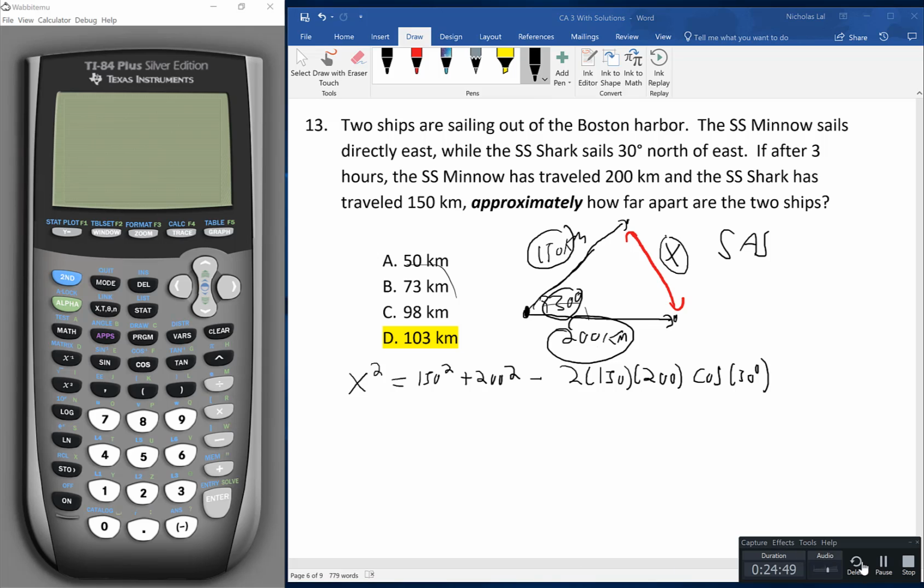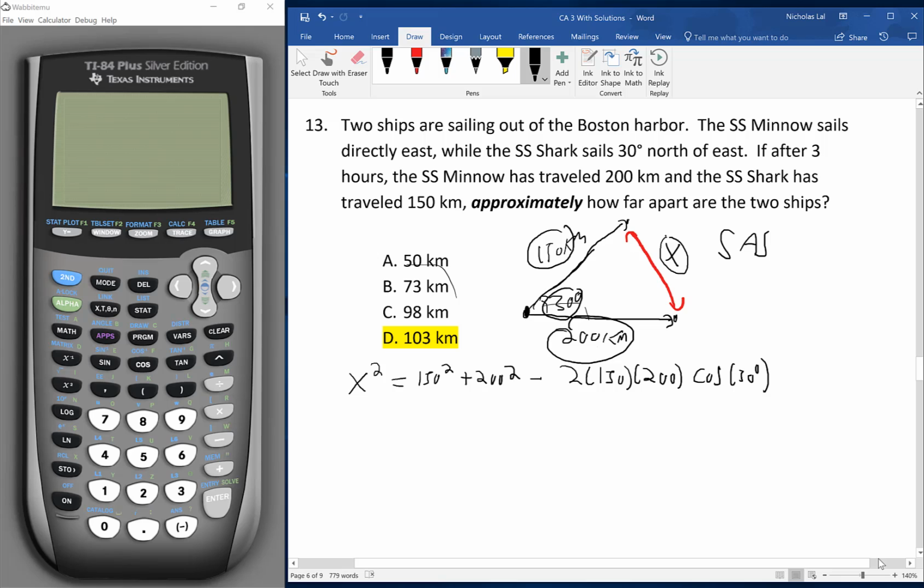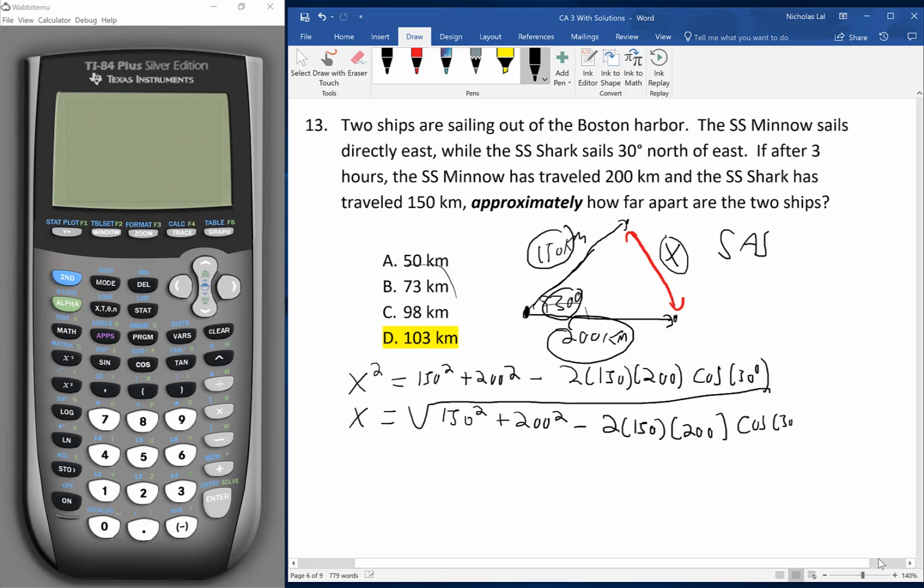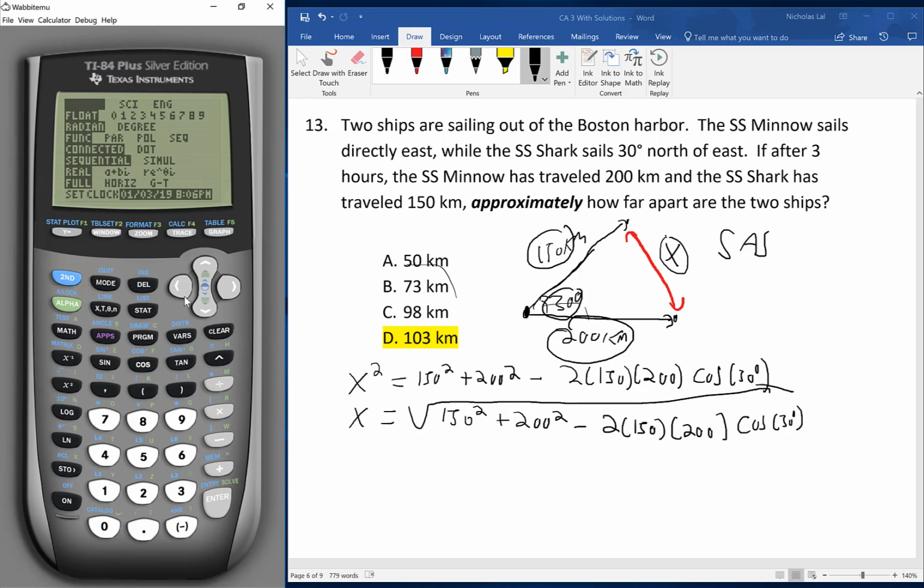So this is the law of cosines right here. So x will be equal to the square root of 150 squared plus 200 squared minus 2 times 150 times 200 times the cosine of 30. Okay? So we can take our calculator and solve it. Make sure we are in degree mode.